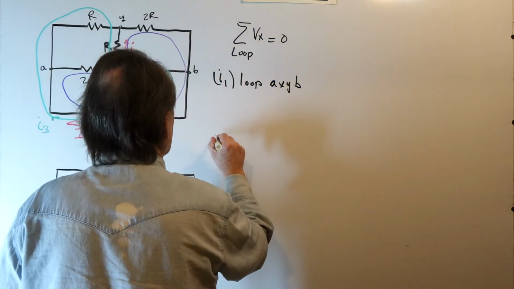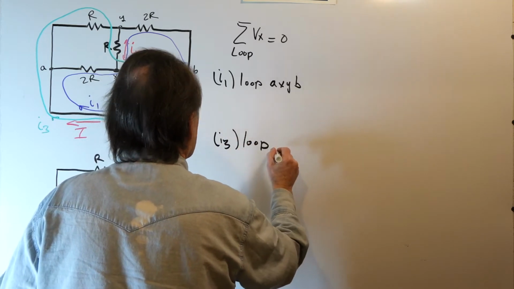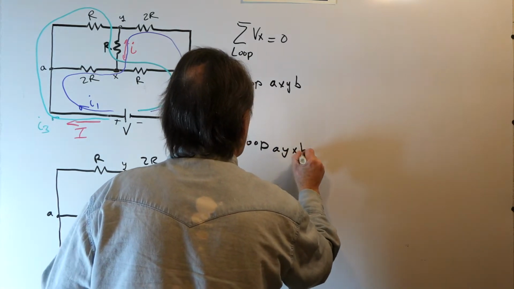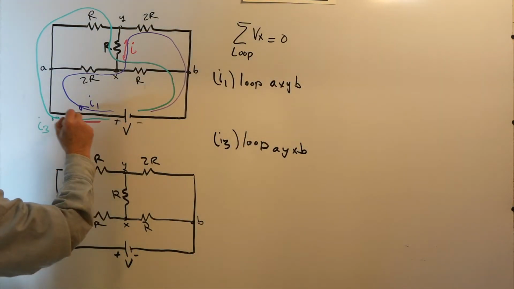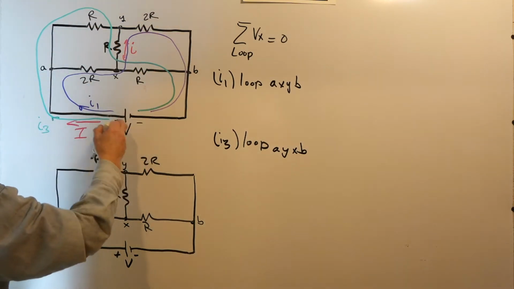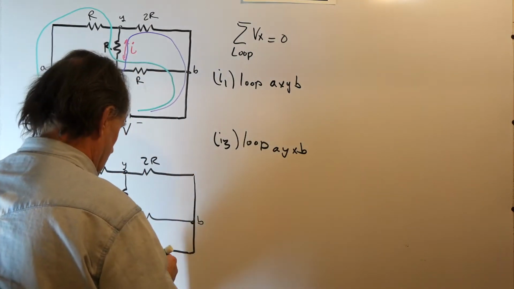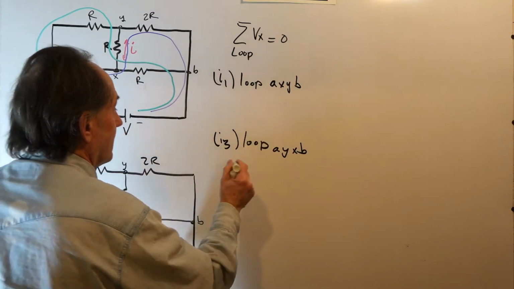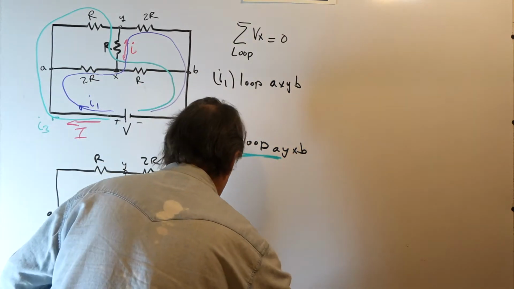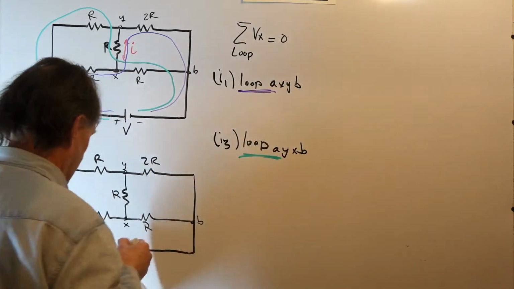And loop 2 will be for I3, and this will be loop A, Y, X, B. So we'll go A on up, Y, X, B. This is the green path, and this is our purple-violet path.